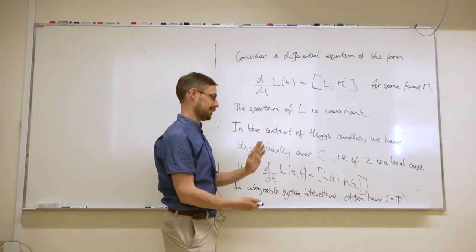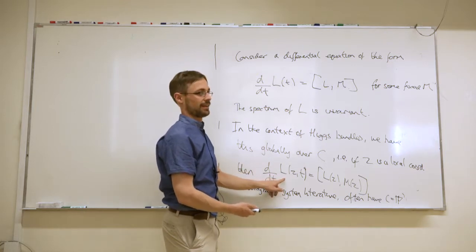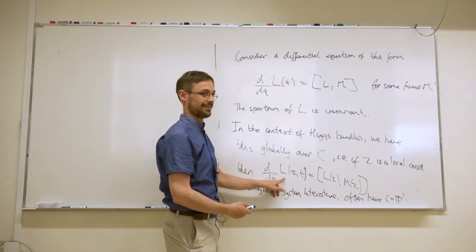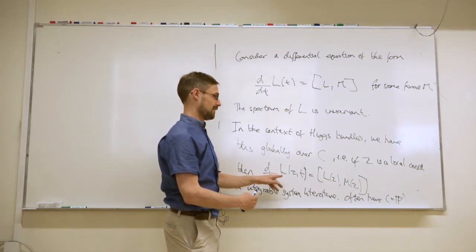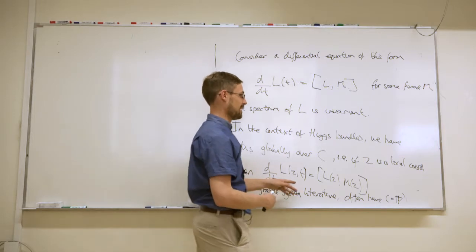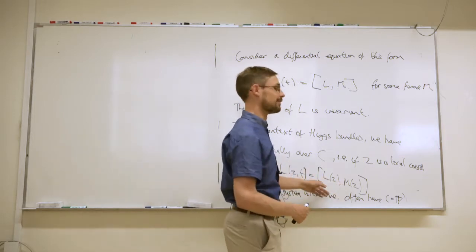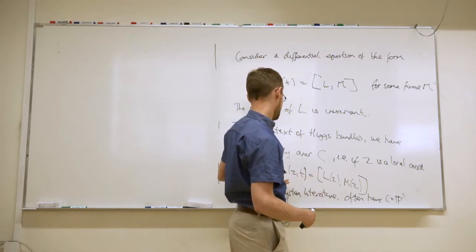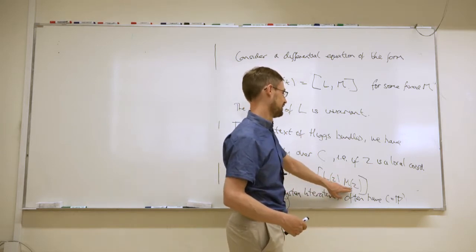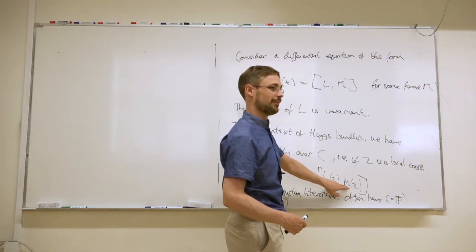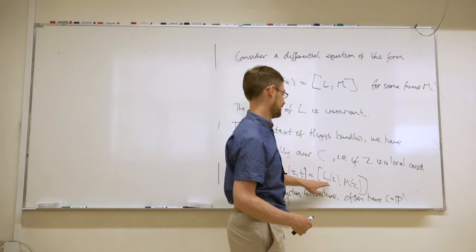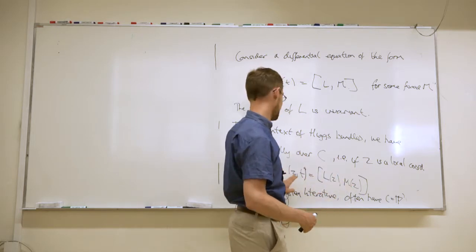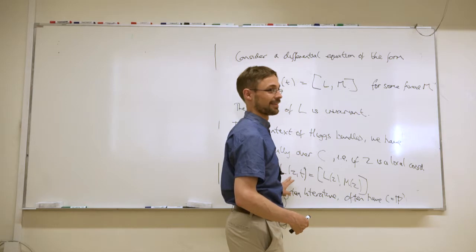So it's a flow which preserves the spectrum of the Higgs field L at every point. And I'm saying that a framework for achieving that is this: the flow is actually given by the commutator with something else. If I have this situation, then I know that the spectrum of this is invariant.